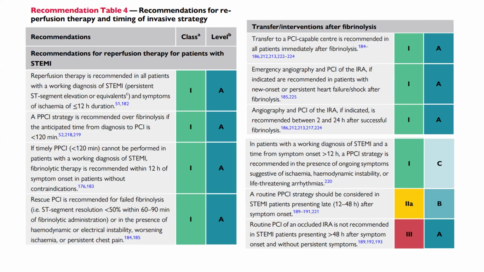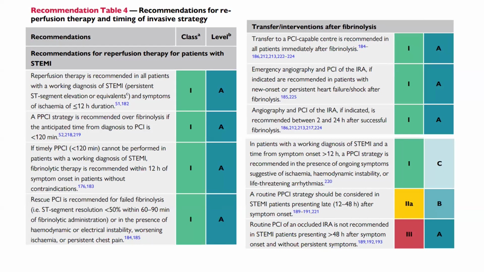And like I said, rescue PCI is recommended for failed fibrinolysis, which is ST segment resolution less than 50% within 60 to 90 minutes of fibrinolytic administration, or in the presence of hemodynamic or electrical instability, worsening ischemia, or persistent chest pain. Now, transfer to a PCI capable center is recommended in all patients after fibrinolysis because they may need rescue PCI or they may need early angiography with or without PCI.